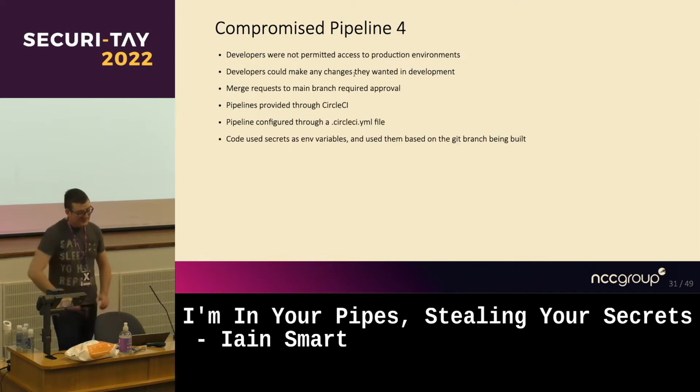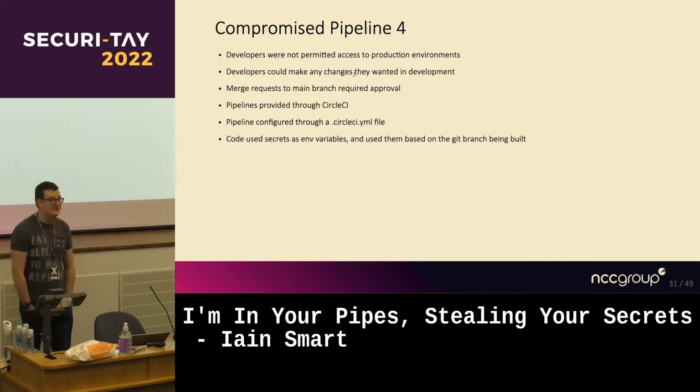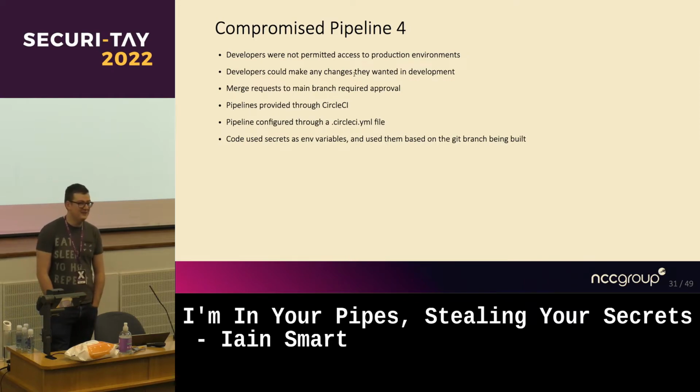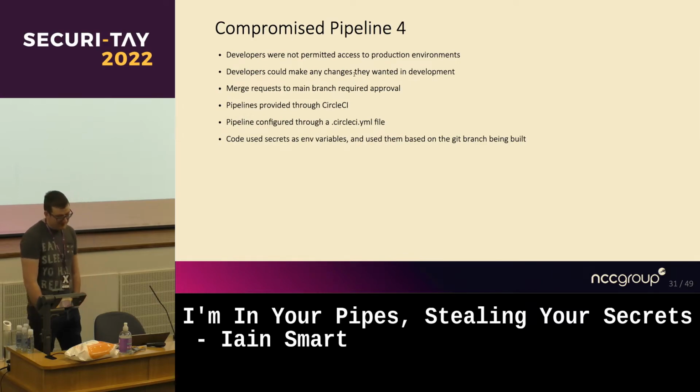And the fourth one, this was fun because this was a brilliant engagement which involved a customer saying, you can't do that, that's impossible. Which is rarely the case, especially if a consultant's taken the time to write down, with evidence, here's how I did this, here's how it definitely works, and here's screenshots. So this customer was using CircleCI. Their developers were not allowed access to production environments.